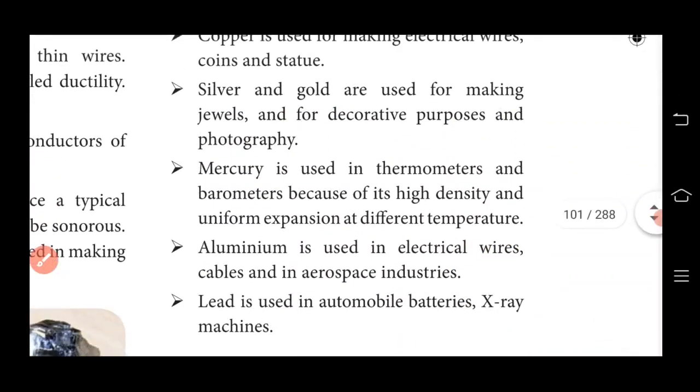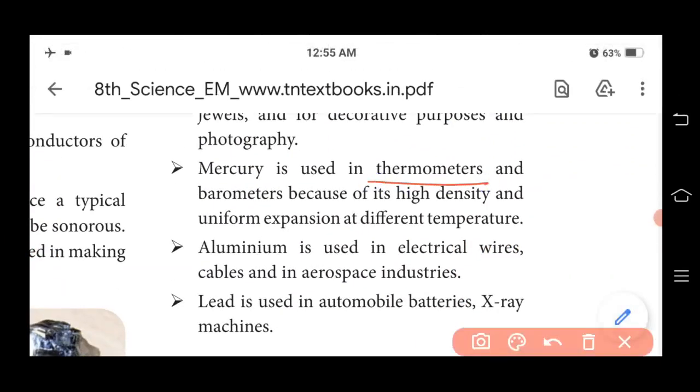Mercury is used in thermometers and barometers because of its high density and uniform expansion at different temperatures. Aluminium is used in electrical wires, cables, and in aerospace industries. And the last one, lead is used in automobile batteries, X-ray machines, etc.